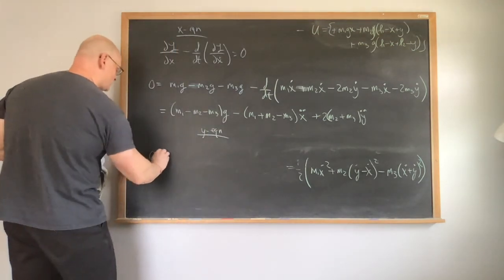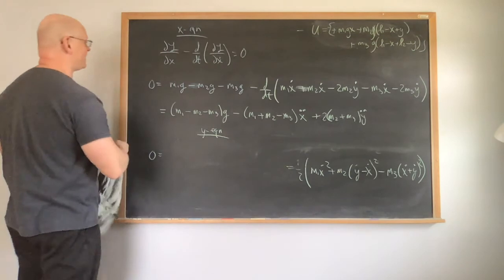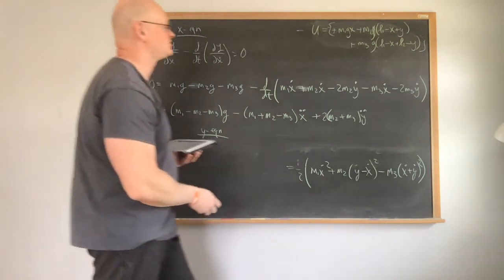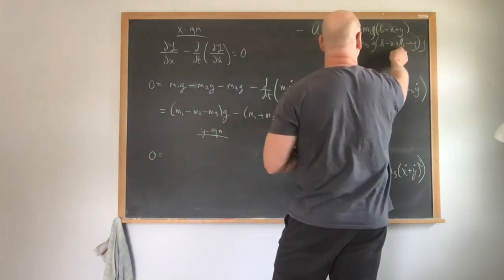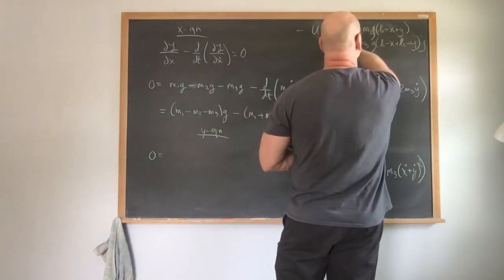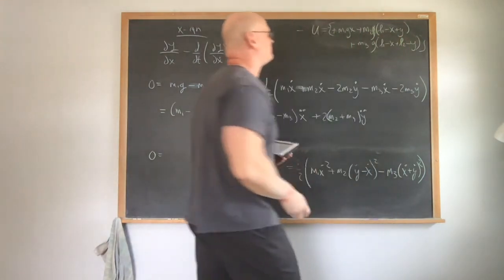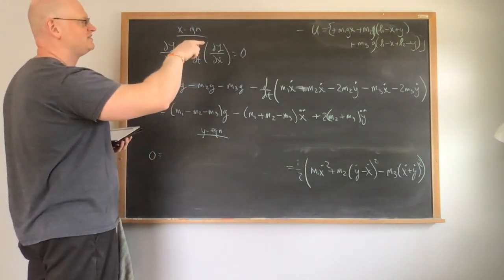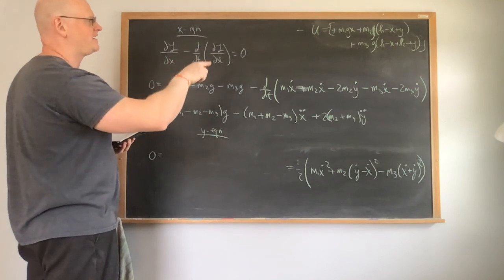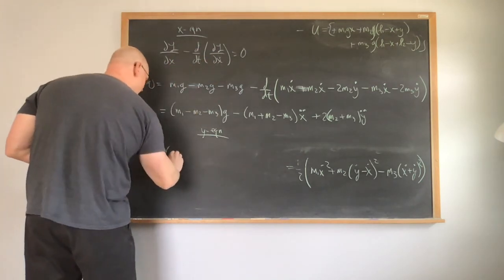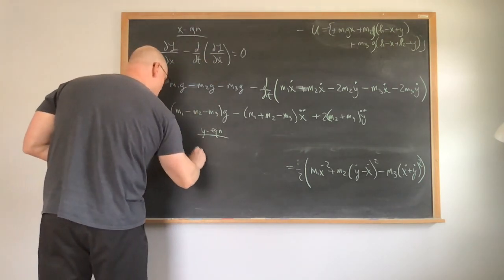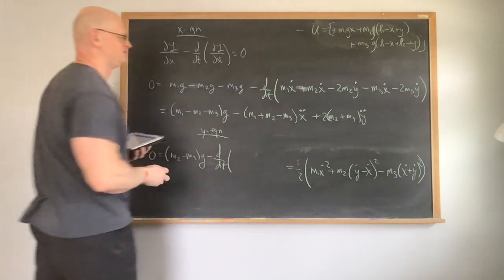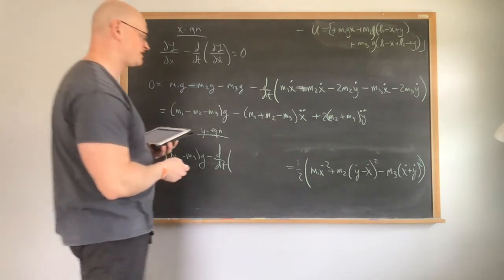Again, I'm going to get 0 is equal to the same thing. Now I'm just doing the partial with respect to y. Here I have 2 terms, not all 3 terms, because this one doesn't depend on y. So I have the partial with both of those. That is going to give me a positive m2g minus an m3g, the same thing as m2 minus m3, all times g, minus the time rate of change of the partial with respect to theta dot.